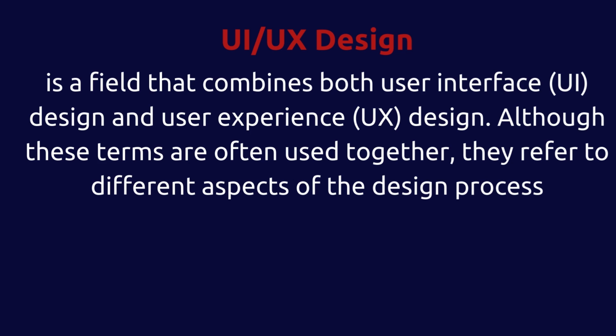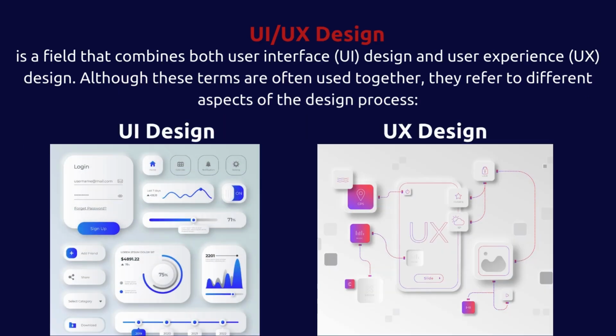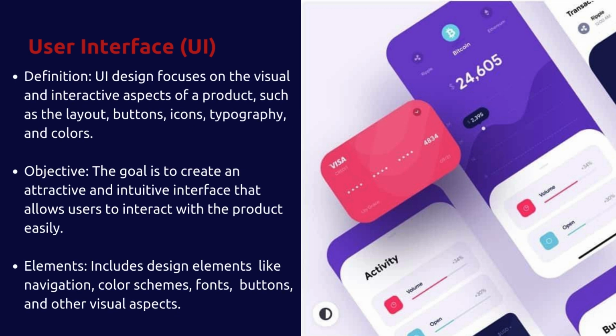Although these terms are often used together, they refer to different aspects of the design process, UI and UX. So there are two different aspects that people often call together, UI UX, but there are two different things being brought together as a single course, which is the UI and the UX. While the UI is talking about the user interface aspect, the UX is talking about the user experience aspect.